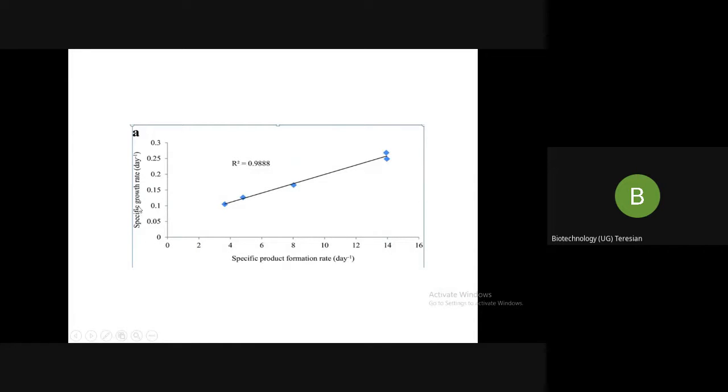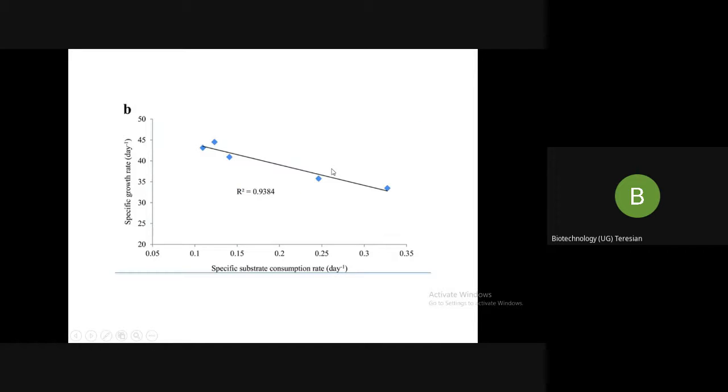So the specific growth rate per day and the specific product formation, using that equation when they conducted the experiment and plotted the graph, they got a correlation coefficient of 0.988 and it was a straight line graph.